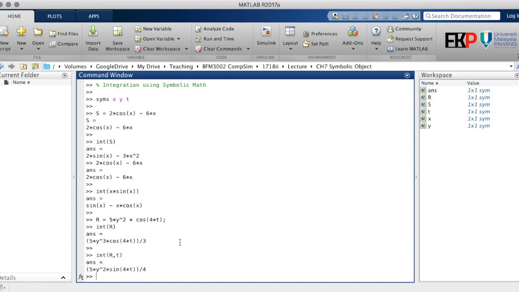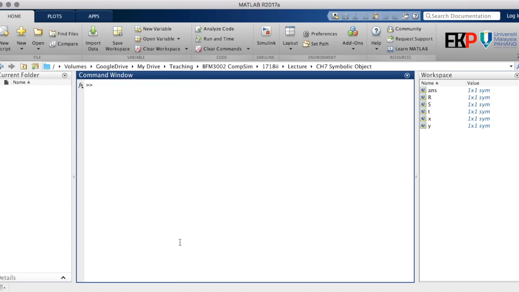We can also include the definite integration by including the lower and upper range. For example, let's say we have an expression a that is equal to cos of x.